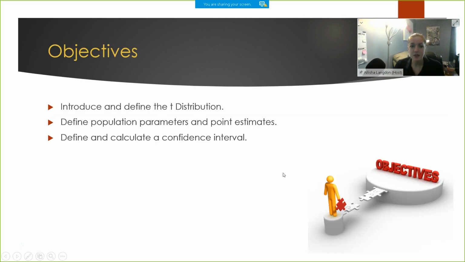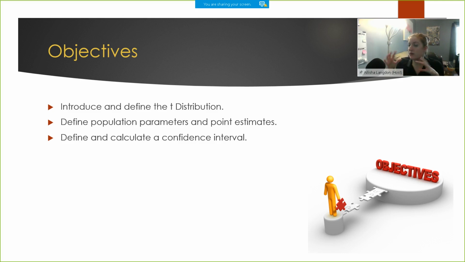Okay, so what we're going to talk about today is we're actually going to introduce a new distribution. Last week we talked about the normal distribution, right? The beautiful symmetrical curve that we love so much. And we did things like find the probability, which is the area underneath the curve, using the norm.dist function.